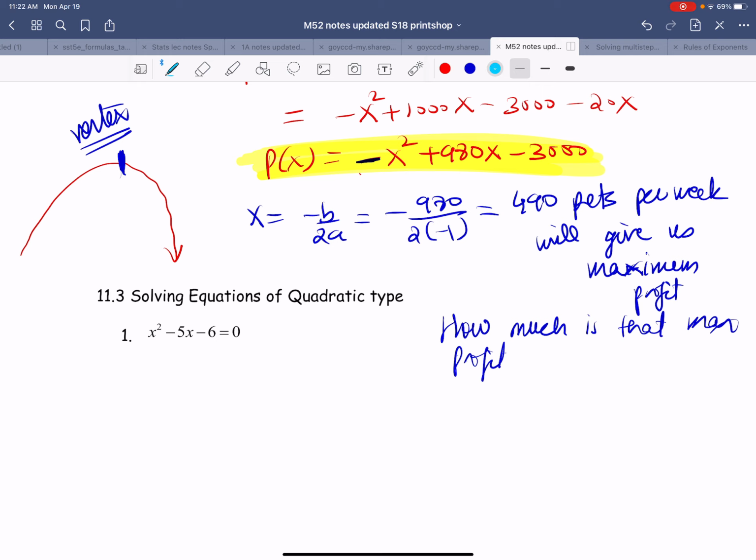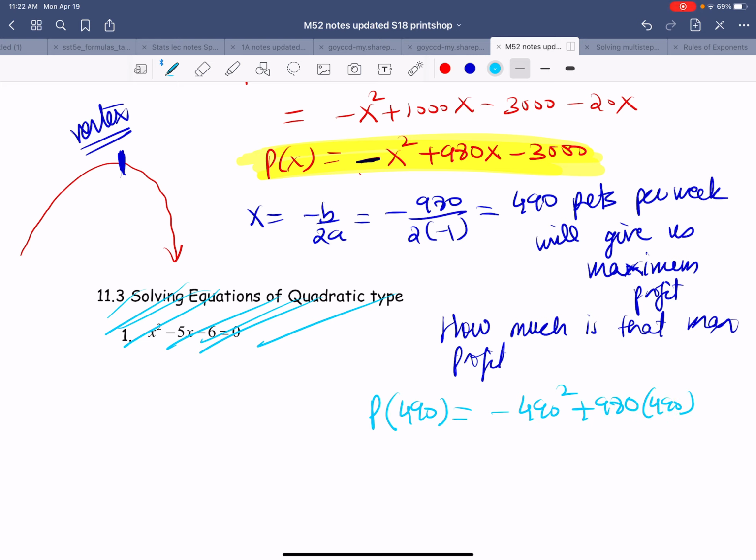So P of 490, that's going to be negative 490 squared. The negative is not a part of the square. Plus 980 times 490 minus 3,000.